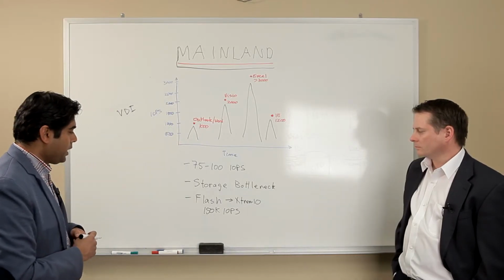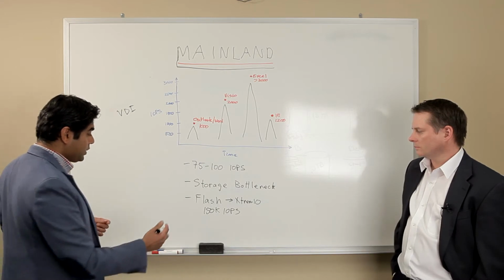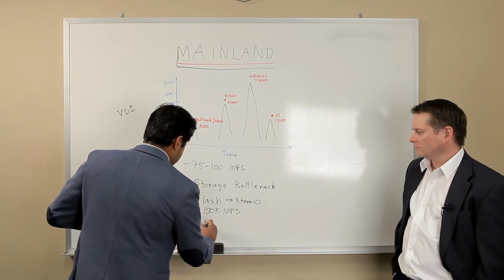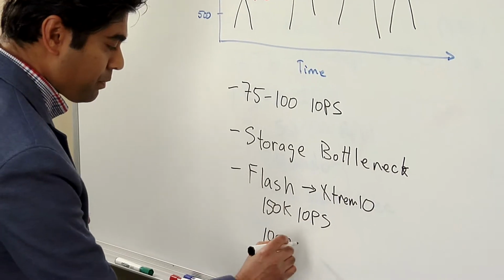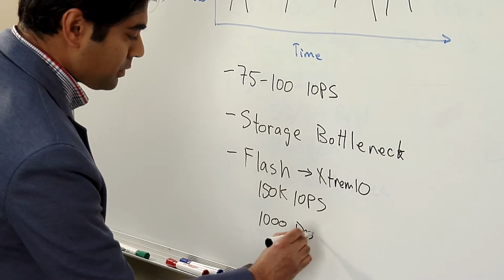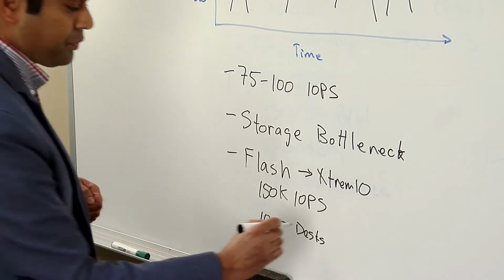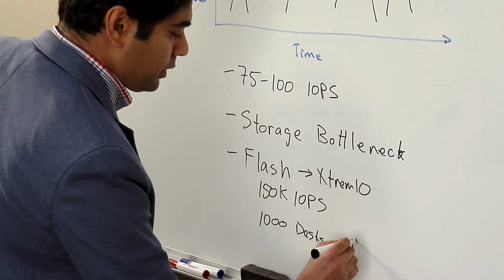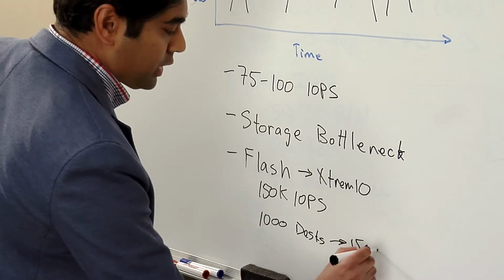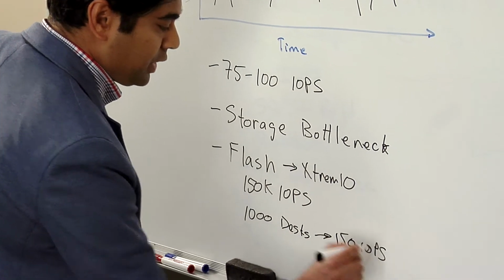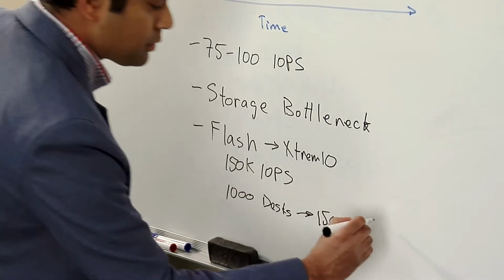What that translates to is if you have 1,000 desktops, each desktop can handle about 150 IOs per second.